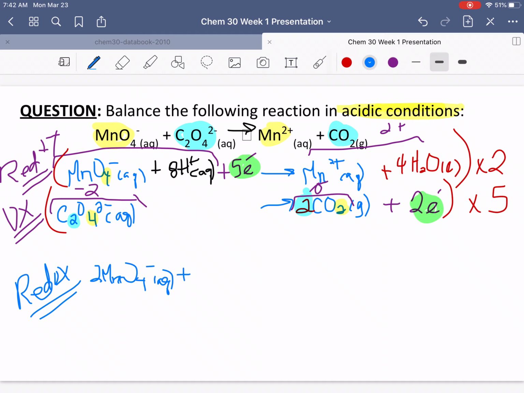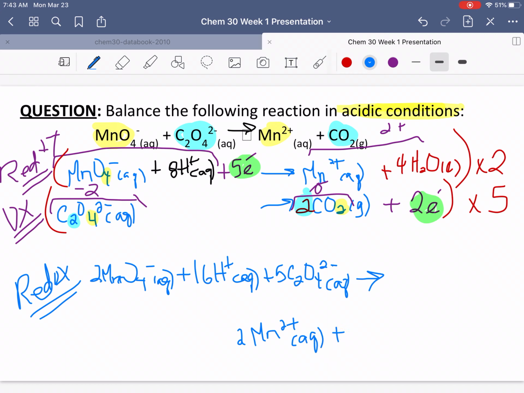And then I have my 8 hydrogens times 2, so plus 16 H plus aqueous. Plus, I have 5 C2O4 2 negative aqueous. Produces, I multiply that manganese by 2, so I've got 2 Mn2 plus aqueous.